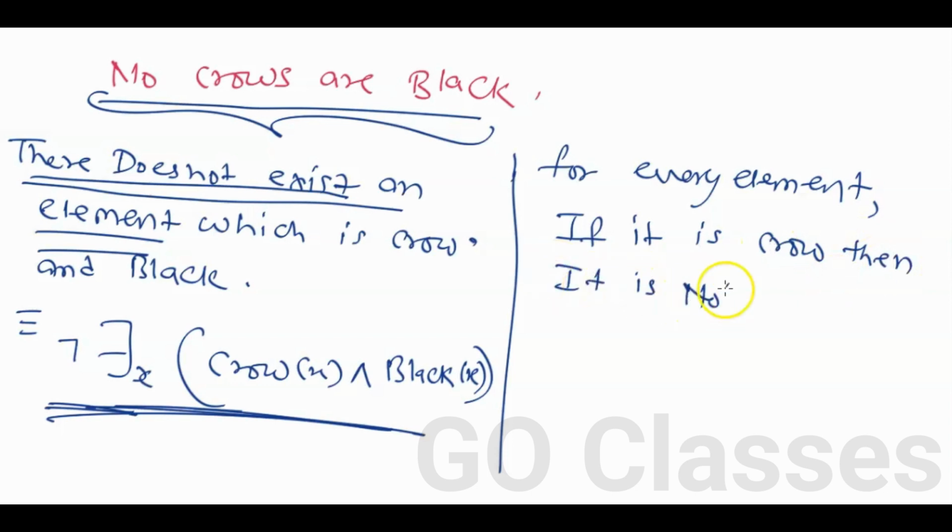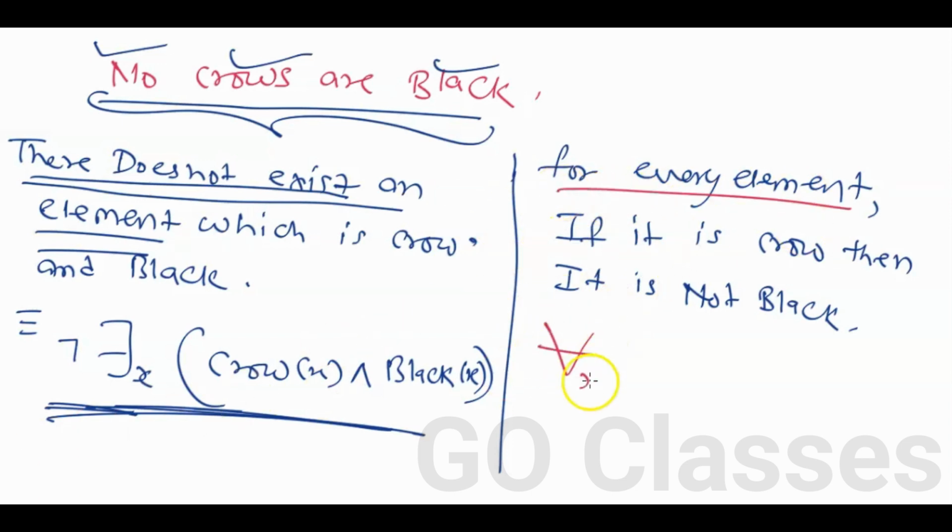Read this: no crows are black means for every element we are saying that if it is a crow then it is not black. For every element means for all x: if it is crow then it is not black.